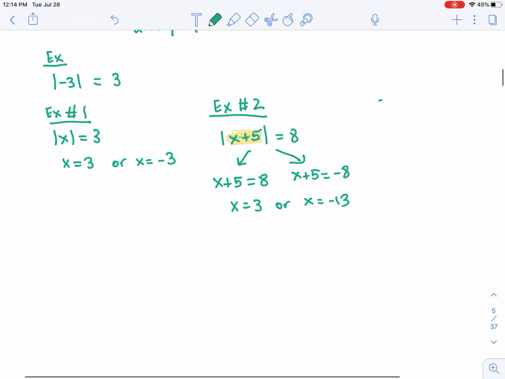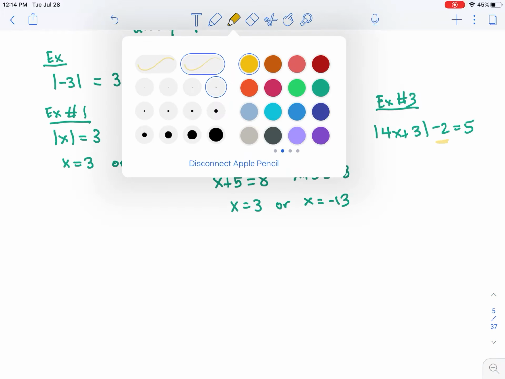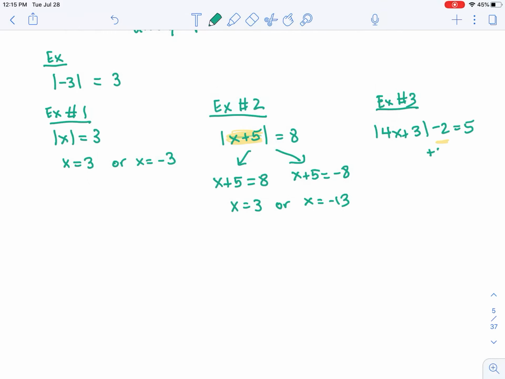So if the equations have more things on the side of the absolute value expression, such as the absolute value of 4x plus 3 minus 2 equals 5, which has the extra -2 on one side, what we would then do is move and isolate the absolute value expression further by writing this as absolute value of 4x plus 3 equals 7.